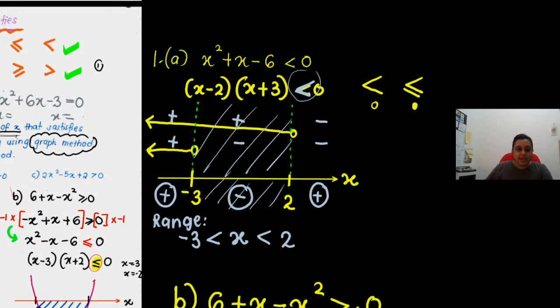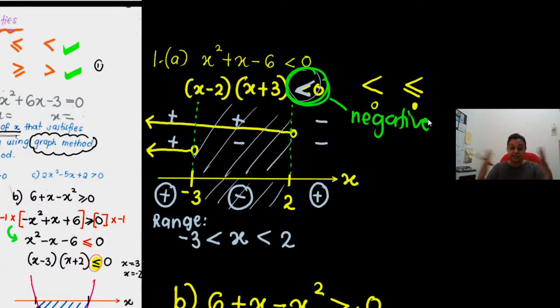Whenever you do the number line, you will see this part, right? Smaller than 0 means negative. So you see where is your negative. My negative is here in the middle. Therefore I choose the x in the middle. All the x values will be in the middle.